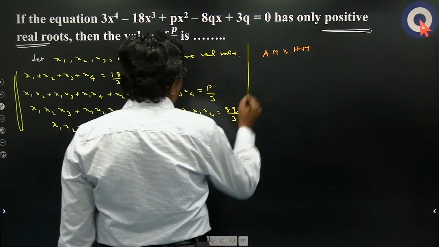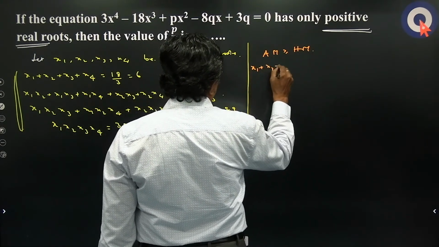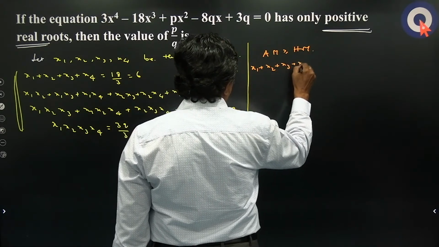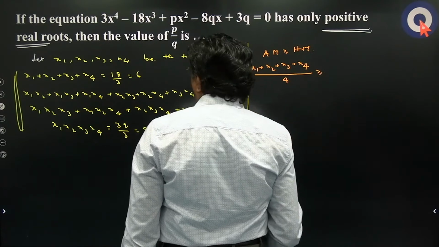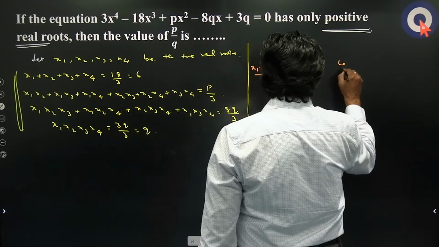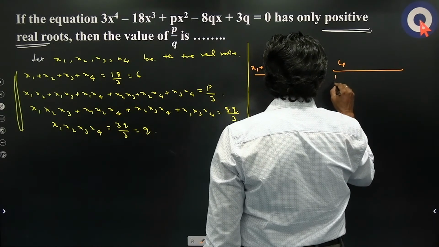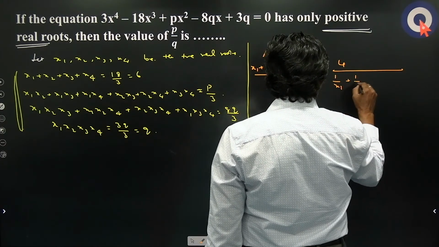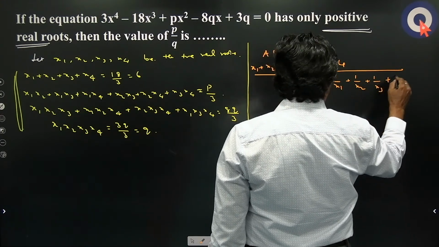So arithmetic mean, of course, x1 plus x2 plus x3 plus x4 by 4, is greater than or equal to the harmonic mean, which is 4 by 1 by x1 plus 1 by x2 plus 1 by x3 plus 1 by x4.